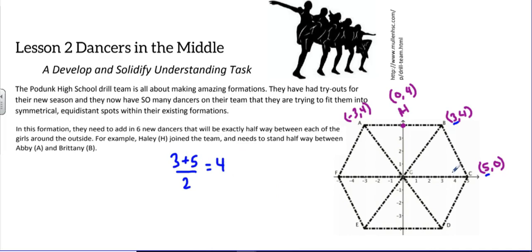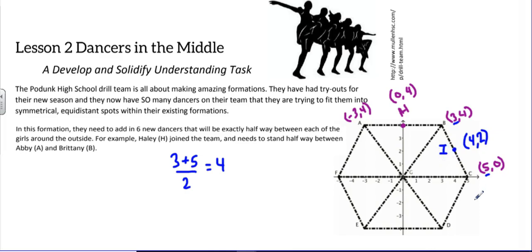So the horizontal distance is going to be over 4, because that's the number right between 3 and 5. Then vertically I want to find the average between 0 and 4 because I want to find the middle, which we know is going to be 2. So Isabella's coordinates are over 4 and up 2, and that's where we'll put Isabella.